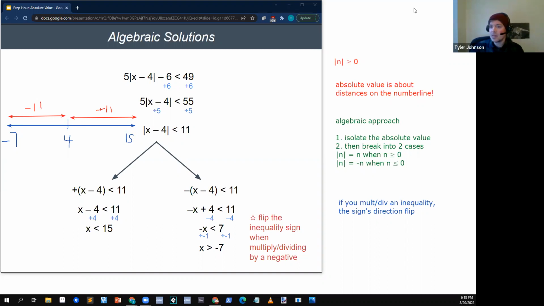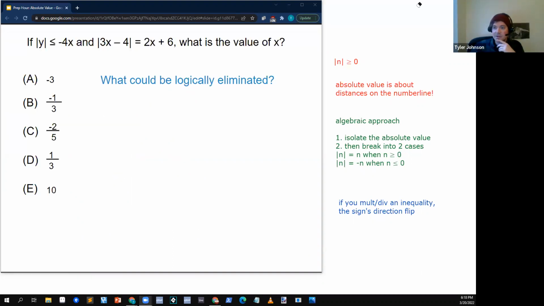Okay, let's look at another one. And I don't want you all to solve this one quite yet. I just want to ask this question. Given the setup here, what answers could I eliminate right off the bat?